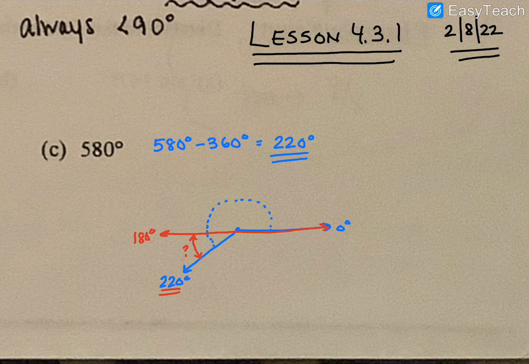So we do 220 degrees minus 180 degrees, which is 40 degrees. This angle of 580 degrees has a reference angle of 40 degrees. It is 40 degrees from the x-axis. Get what you need from that one, and then let's proceed to the back side.